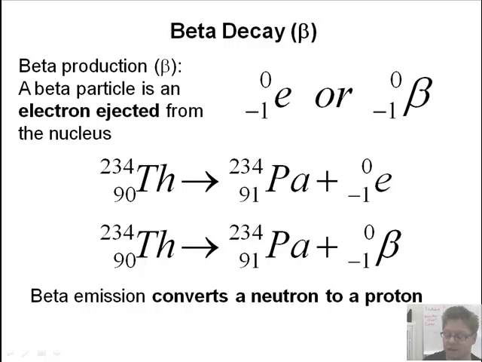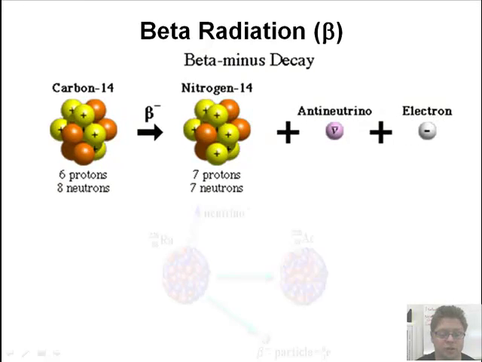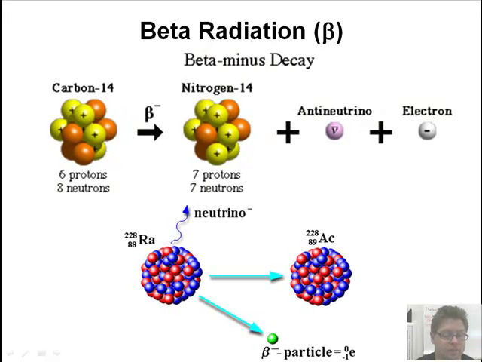The mass number stays the same, and the atomic number increases by 1. Here's a picture of beta radiation, where the electron is emitted. Another subatomic particle we won't be talking about is called an antineutrino. It also can be emitted in this process, and these are things that often physicists look to measure.